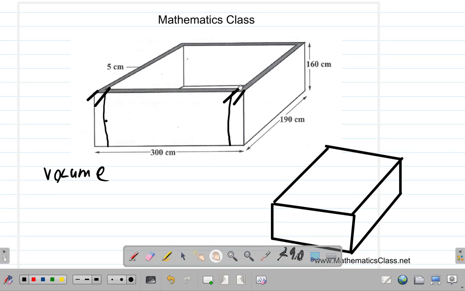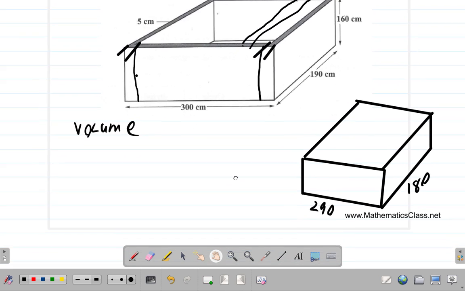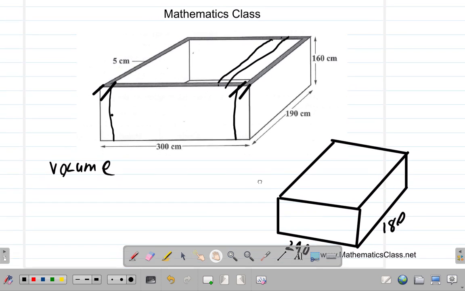Now, from one end to the next is 190, but from the inside part to the inside part, that would be 190 minus 5 over there, minus 5 over there, so it will be 190 minus 10, and that gives you 180. How about the height?